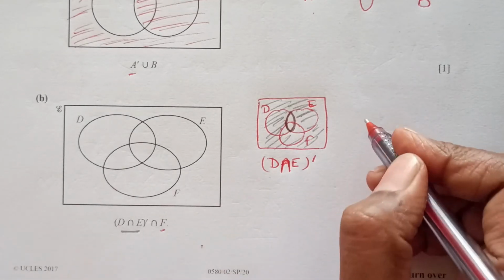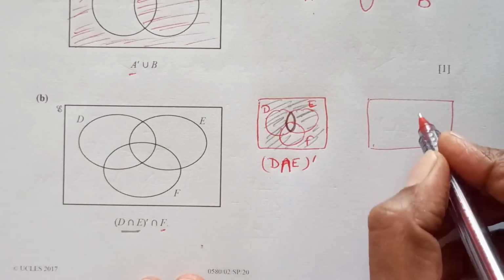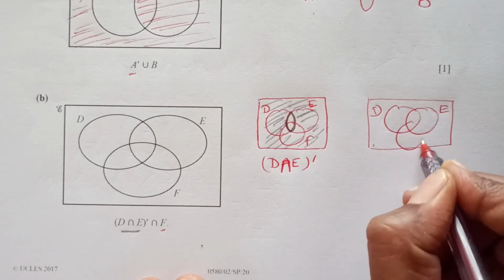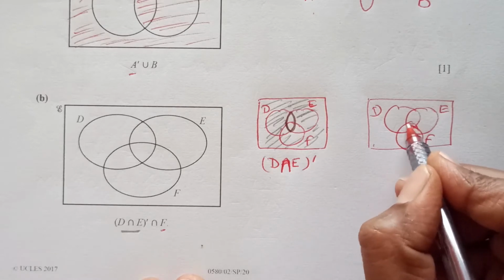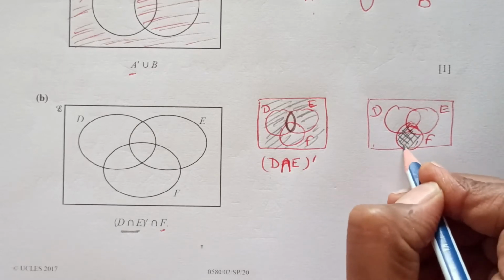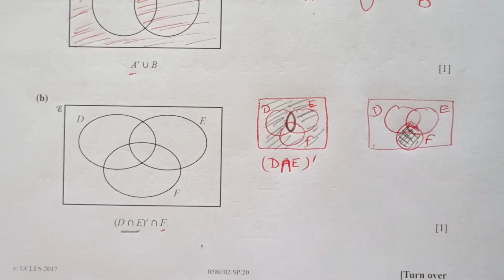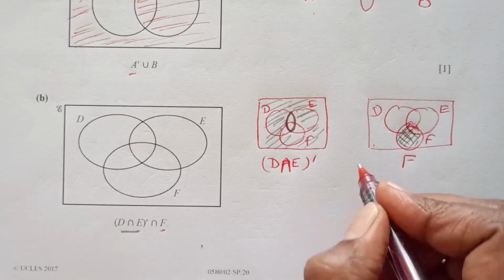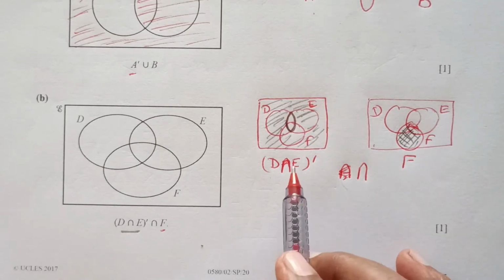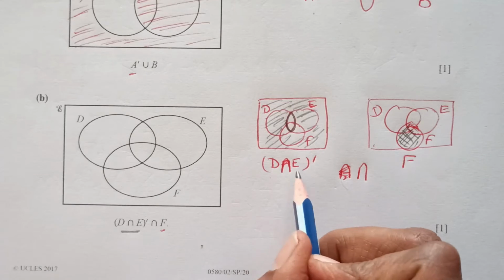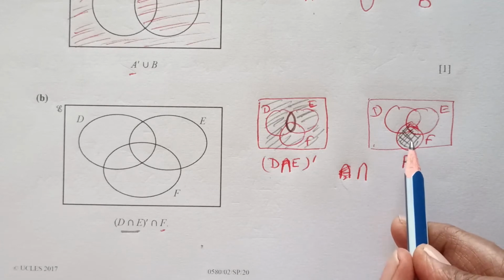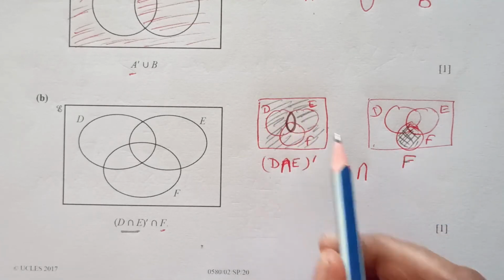Now next we have F. So F is like this part. This is D, E and this is F. F is this one. I hope you can see it clearly. So this is F and we need intersection. Sorry, again I don't know why I'm saying A. Intersection of D intersection E complement, and F. So the common part of F and this shaded part, you can compare.